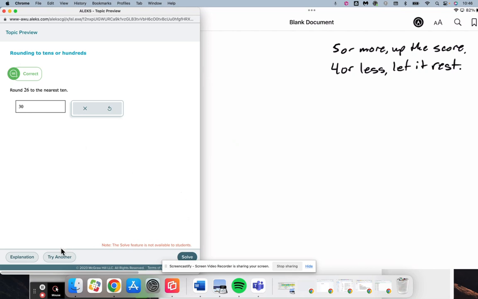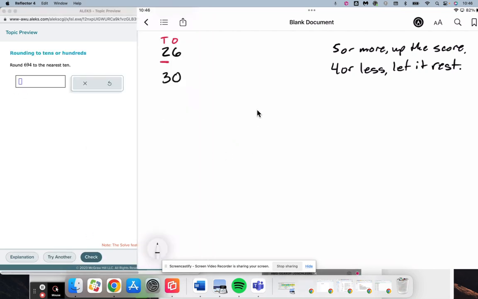So moving on to the next one. We're asked to round 694 to the nearest 10. So 694. Again, we have our ones place, tens place, hundreds place. We want to look at the number after the 9 and ask ourselves the question, is that 5 or more?